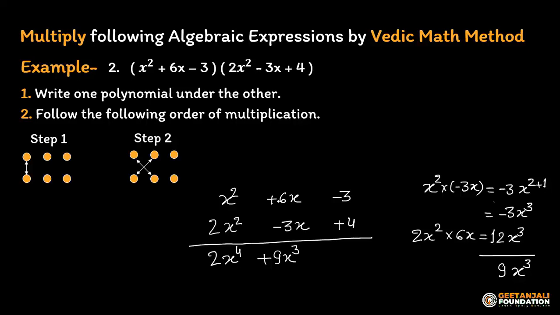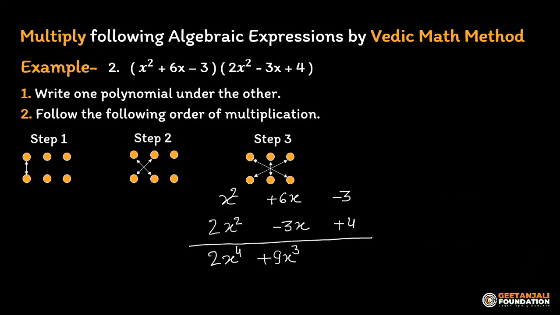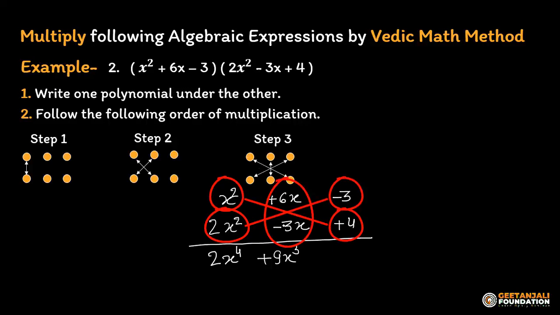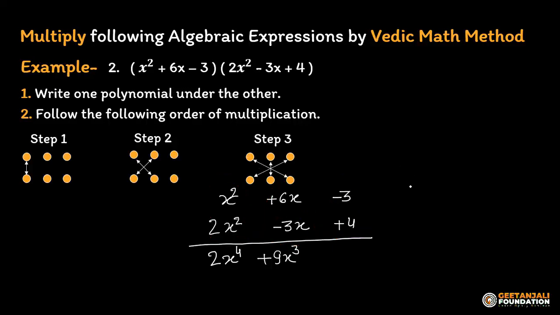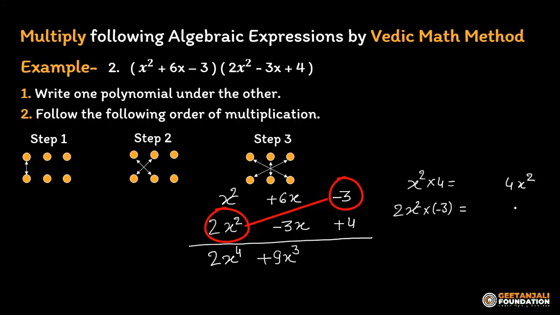Now let's move towards step 3. In this step, we will now include the third column as well. So in this step, we will cross multiply the extreme corners, that is these two will be cross multiplied, and this column will be vertically multiplied. So let me do this work over here. x squared multiplied with 4 will give you 4x squared. Now 2x squared multiplied with minus 3 will give you minus 6x squared.